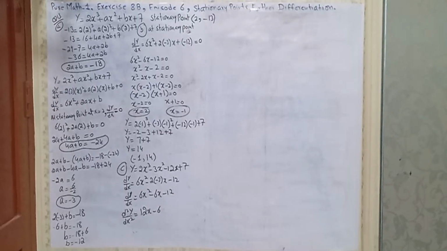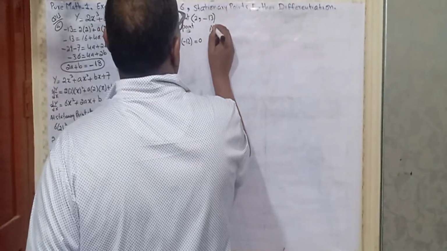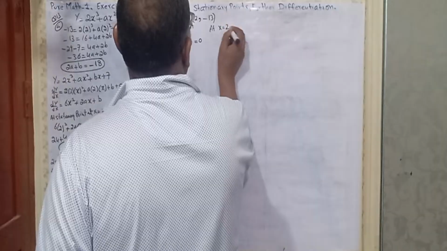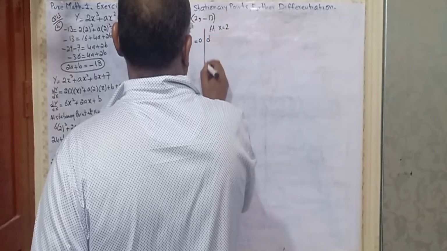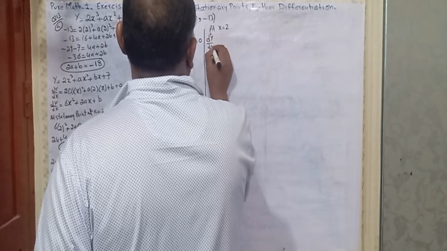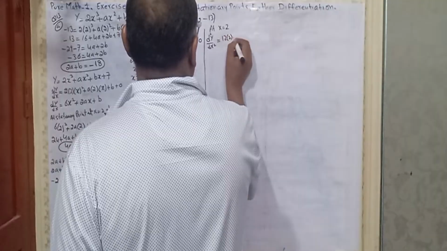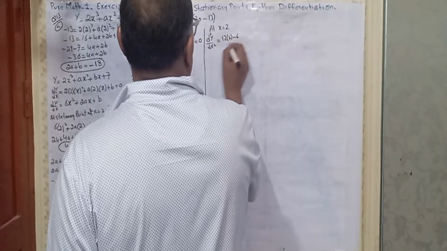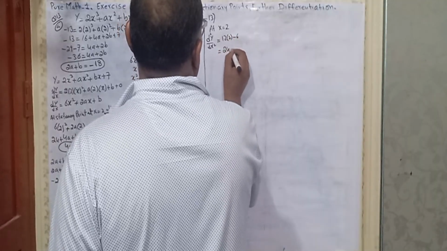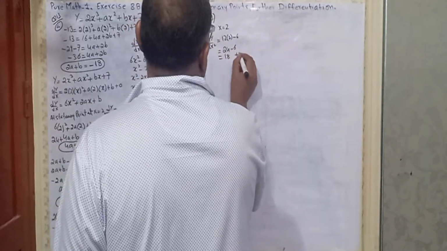Okay. So at x equals 2, d square y by dx square, its formula will become 12 into 2 minus 6. So this becomes 24 minus 6, which is equal to 18, which is positive.